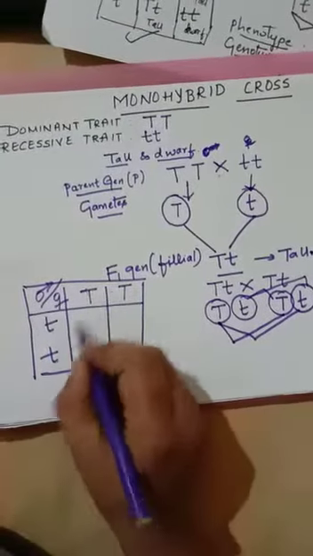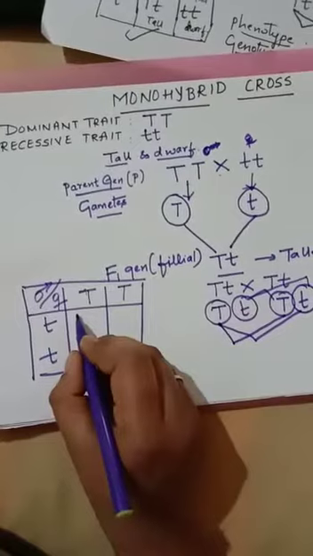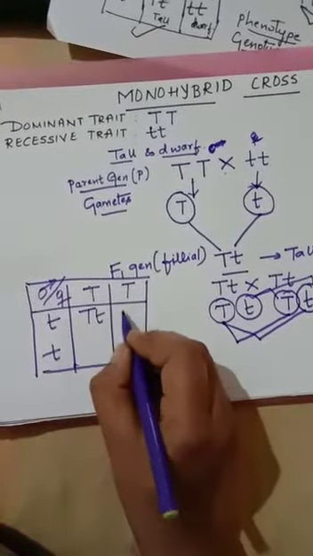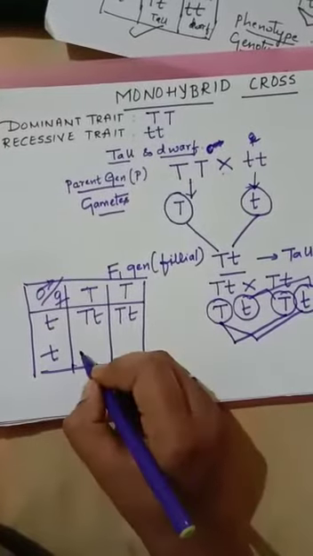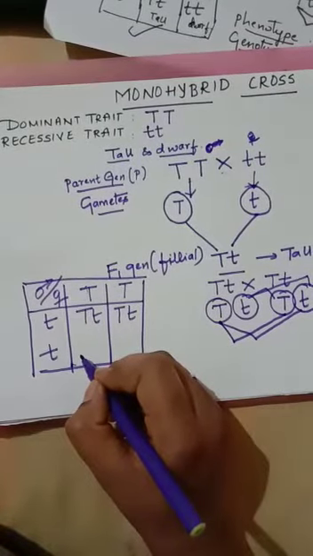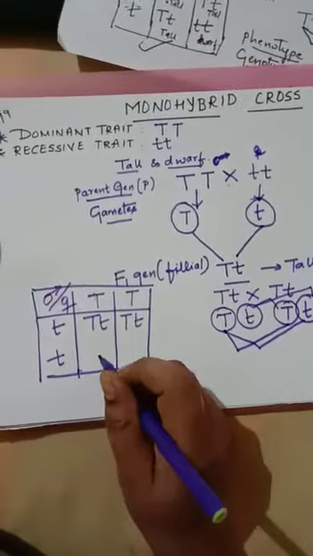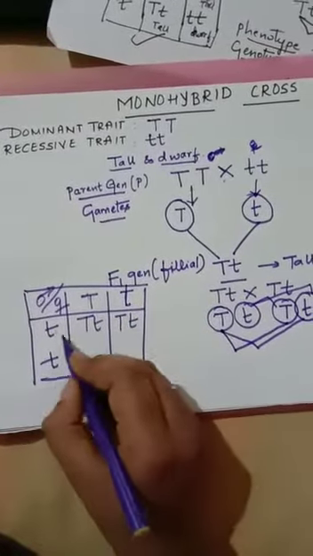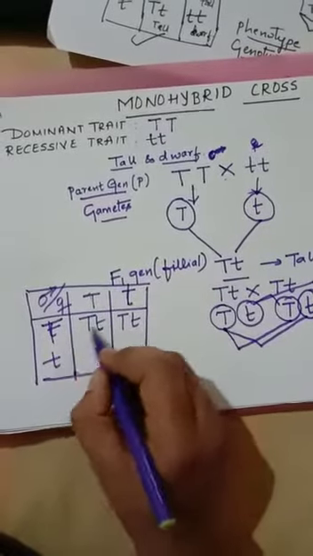So we need to multiply with this now. Always the dominant has to be written first. T with T is capital T and small t. Again the same thing. So this has to be written like this, capital T with small t and capital T with small t.